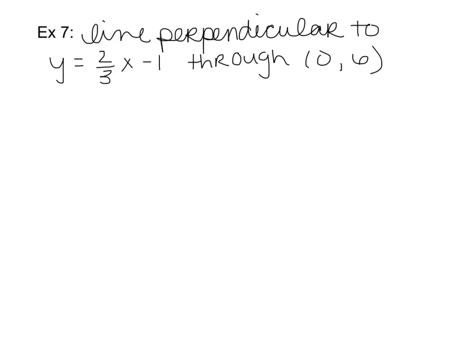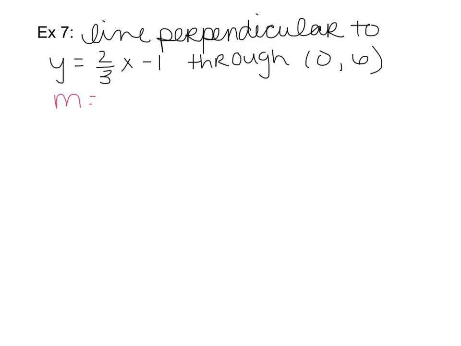Now let's look at writing the equation of a line that is perpendicular to y equals 2/3 x minus 1, but it also goes through the point (0, 6). If you look at the equation that's given to you, this is already in slope-intercept form, which means I can easily determine what my slope is.